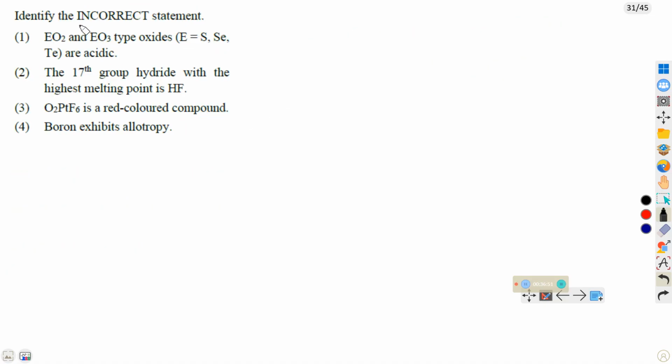Identify the incorrect statement. EO2 and EO3 type oxides are acidic in nature. Correct. The 17th group hydride with the highest melting point is HF. Wrong. Melting point order: HI greater than HF greater than HBr greater than HCl. So second option.